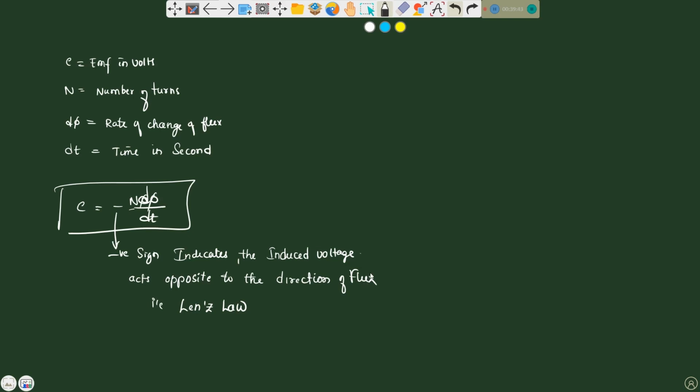Okay, so now we will study the induced EMF. What is this induced EMF? Induced EMF is nothing but the EMF produced in a conductor with the help of electromagnetic induction.